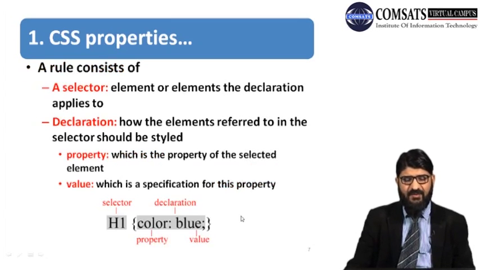Normally a rule consists of a selector and a declaration. This is the basic composition of a CSS rule for a property. A selector is basically an element or group of elements for which the declaration needs to be applied.